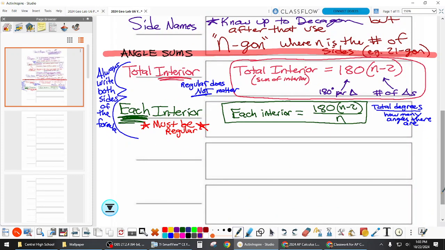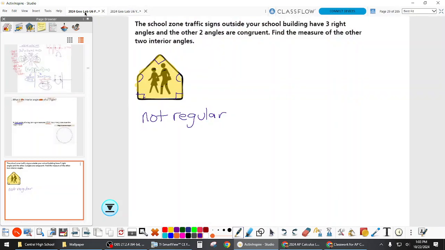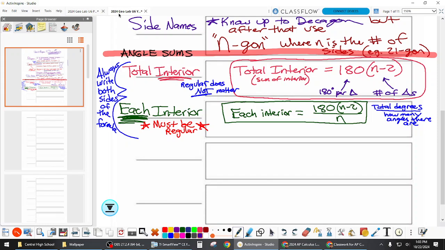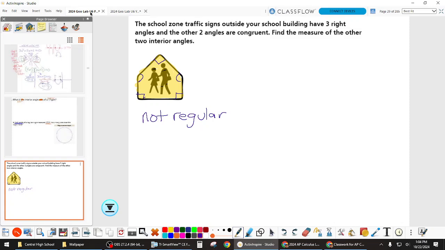Or maybe we need both, but which of the ones for sure do we need? The total. And the reason why is because this one requires it to be regular, and it's not. Like this says must be regular. Not regular. So we can't use that second one. Okay? So we're using this first one. Total interior equals 180 times n minus 2. Okay?